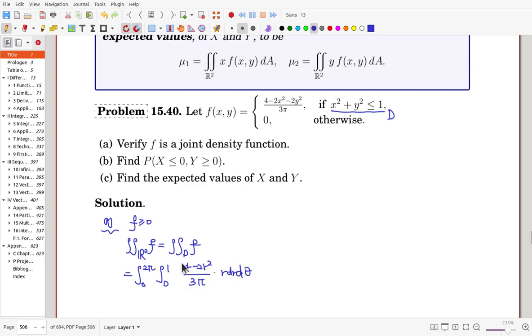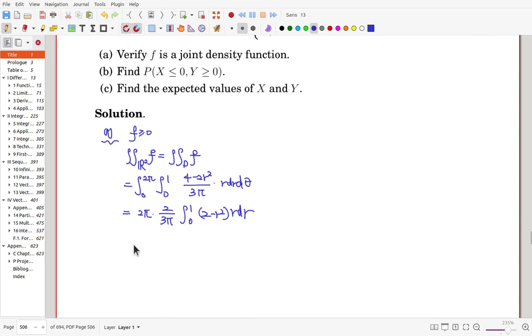This one is theta independent, so our integral will have 2 pi immediately, and we put out this constant, 2 over 3 pi, and then the integral from 0 to 1 of 2 minus r squared, times r, dr. Right?